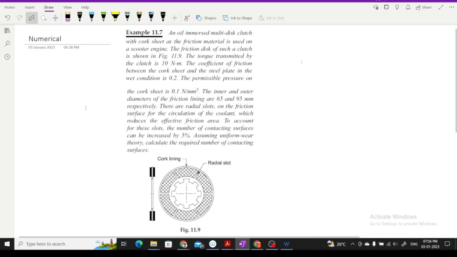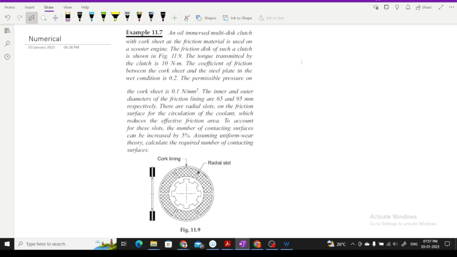An oil immersed multi-disc clutch with cork sheet as the frictional material is used on a scooter engine. The friction disk of such a clutch is shown in the figure. The torque transmitted by the clutch is 10 Newton meter, the coefficient of friction is 0.2, permissible pressure is 0.1 Newton per mm square, inner and outer diameters are 65 and 95 mm.